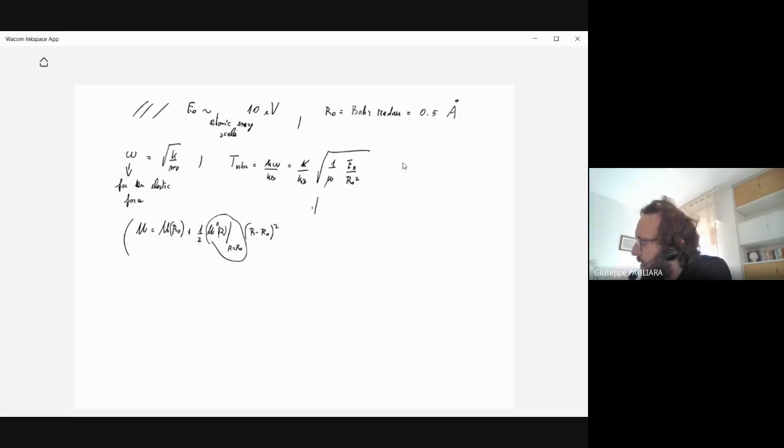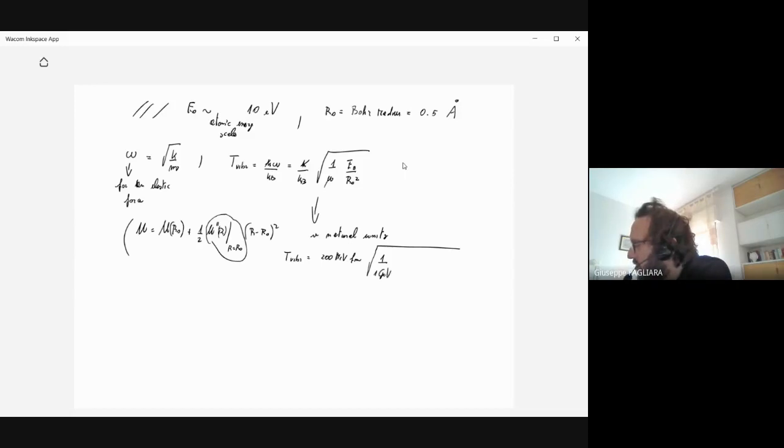Now let's work in natural units. In natural units, T vibrational should be: h bar is 200 MeV times Fermi, kB is equal to 1. Then here you have the square root of 1 divided by mu. Mu is a reduced mass, so we take the proton mass divided by 2.